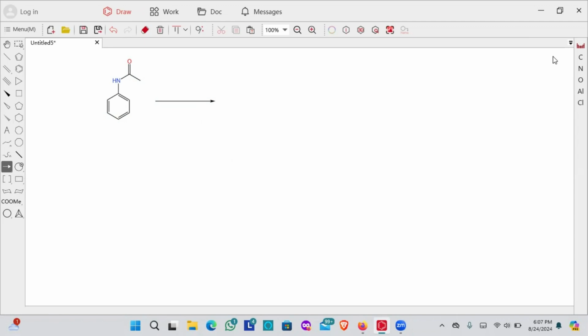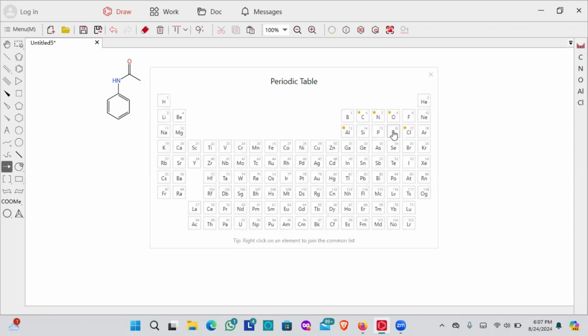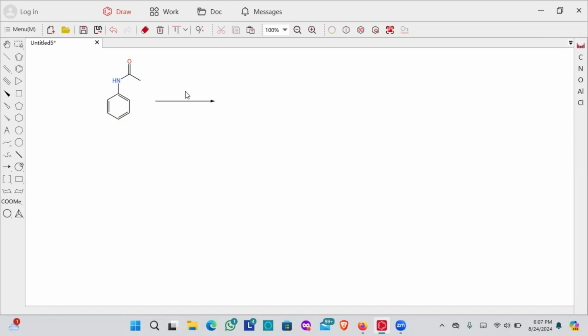Let's draw the molecular structure for sulfonyl chloride. Now let's have this work a lot better.